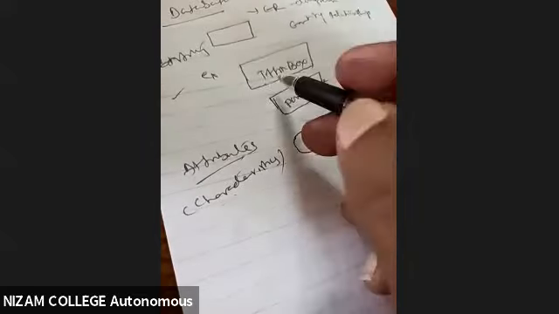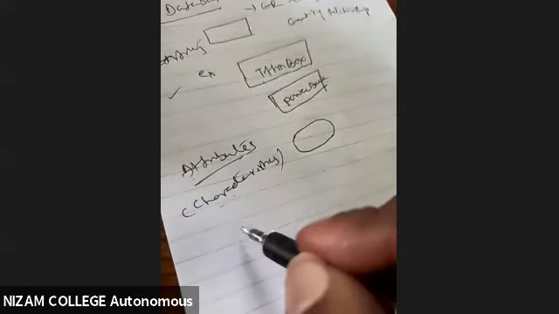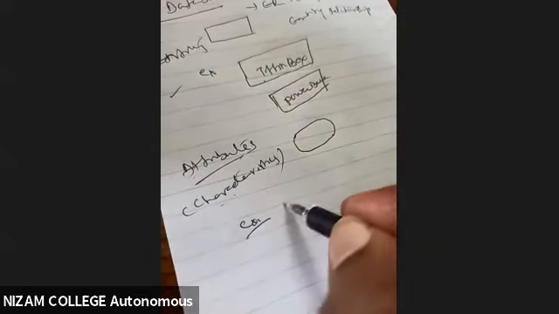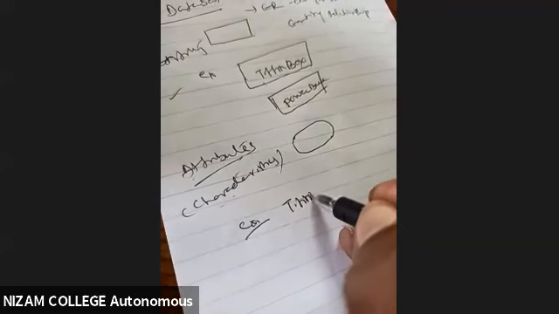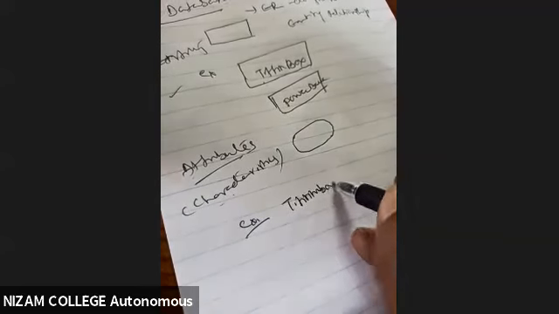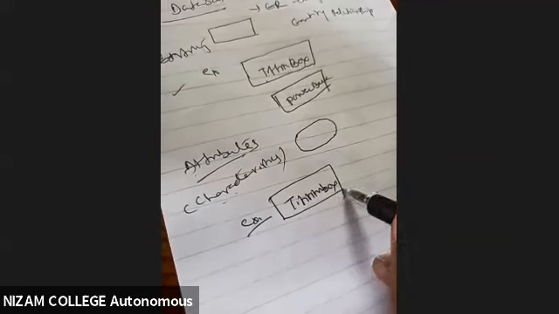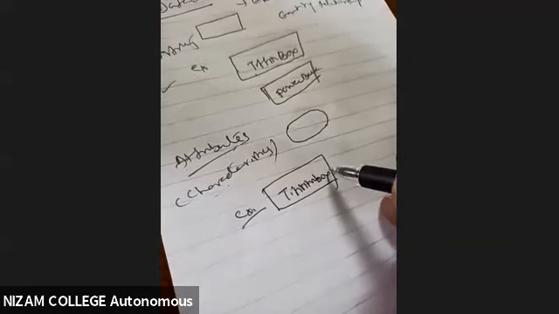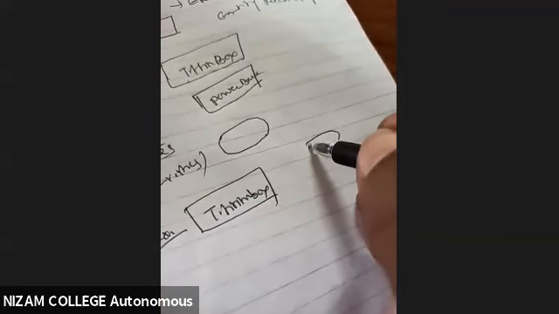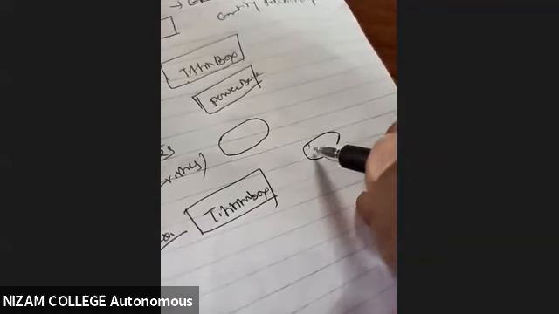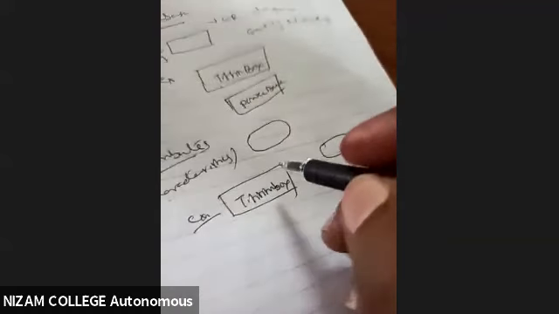So how will I use this for the tiffin box? When I said tiffin box is an entity, okay, how will I have the attribute? I'll be using the ellipse. The ellipse is the diagram we have to use for an attribute.